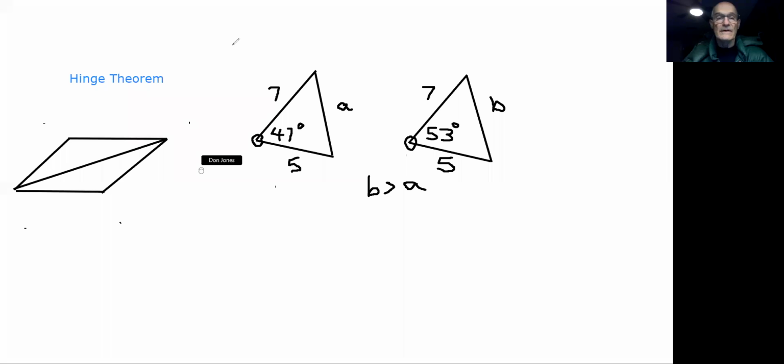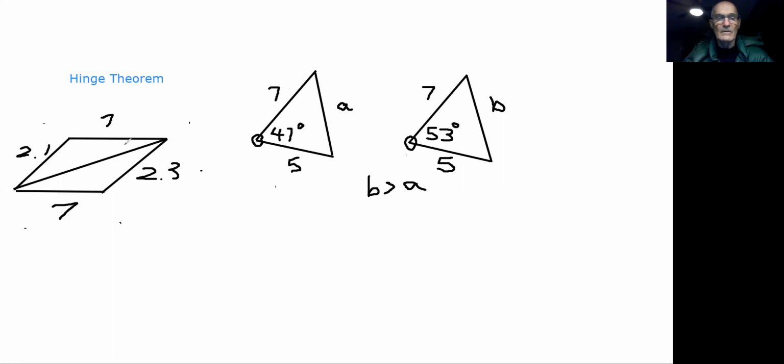Now, if I come down here and say, okay, this side here is 7, and this side here is 7, and then let's say this side is 2.3, and this side over here is 2.1.